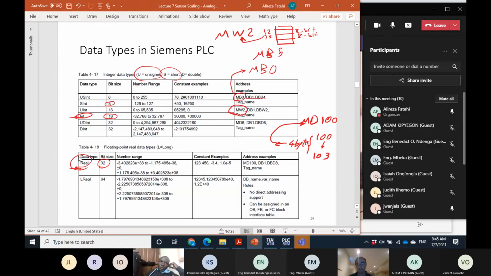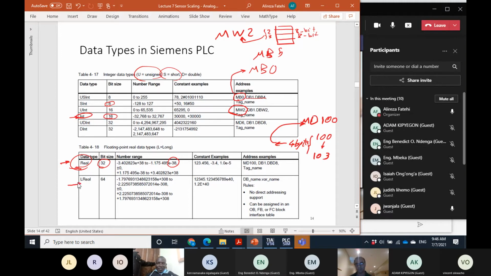A real number is represented by a double word. The range of values that we have is quite significantly large, between 10 to the power of minus 38 and plus 38, including very small values. Very small and very large values, so it is sufficient for most applications.